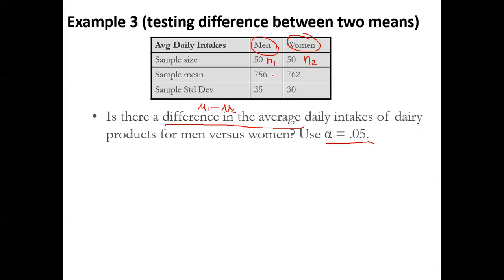So the X bar for men is X bar 1 and the sample mean for women is X bar 2. And the sample standard deviation, that is S. The sample standard deviation for men is S1 and for women is S2.